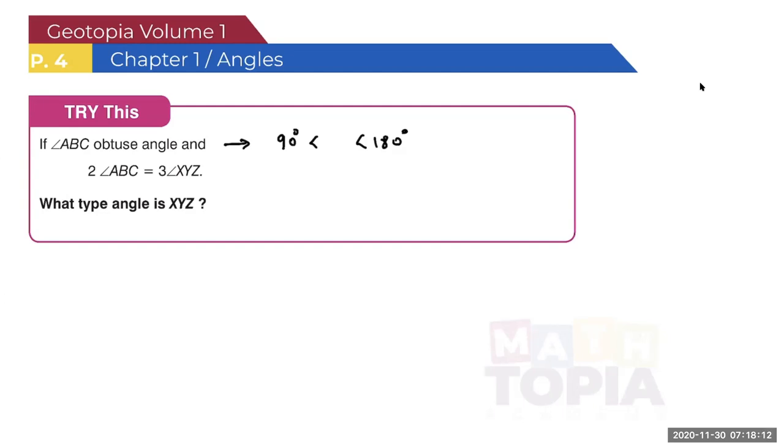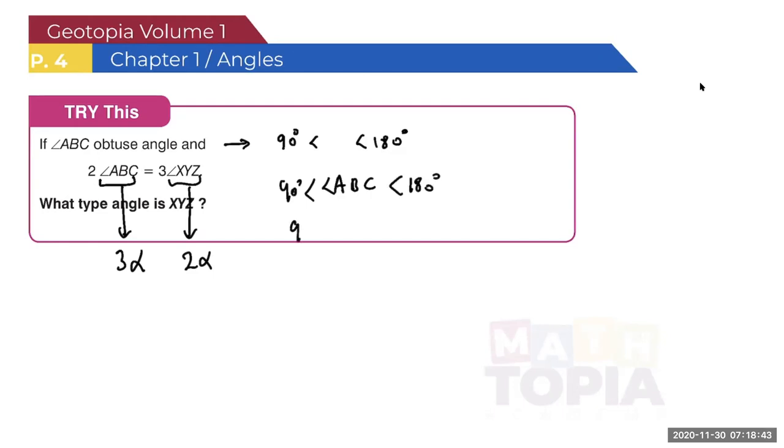Okay, then how do we start this one? Should we say, if I say this ABC is 3 alpha, how much value should I give XYZ? You should give it 2 alpha. That way they are both common. Okay, good. Then if ABC is an obtuse angle, the value of ABC is between 90 degrees and 180 degrees.